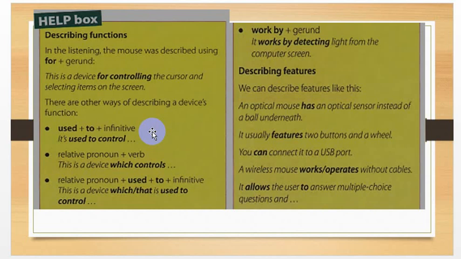These are infinitives. Now here we have an example. It's used to control. Before used, we always use the be form of the verb. After that, use plus to plus infinitive.